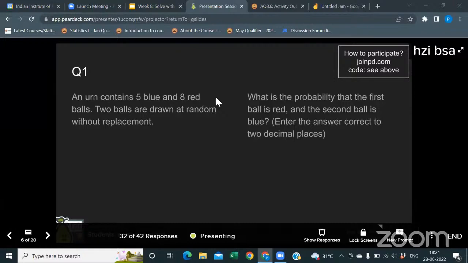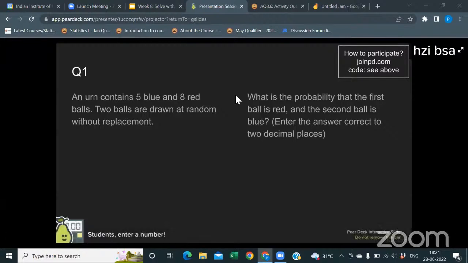If two balls are drawn simultaneously at random, what's the probability that one of them is red and another is blue? How should we do that one?